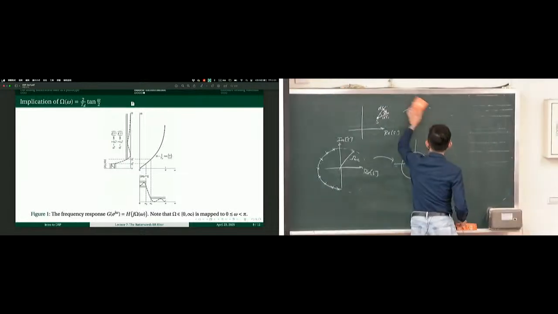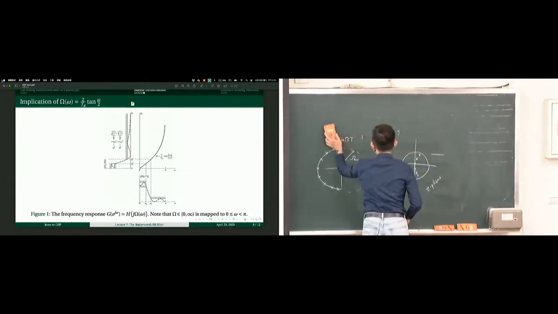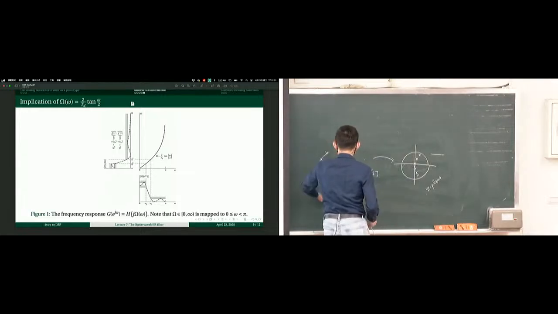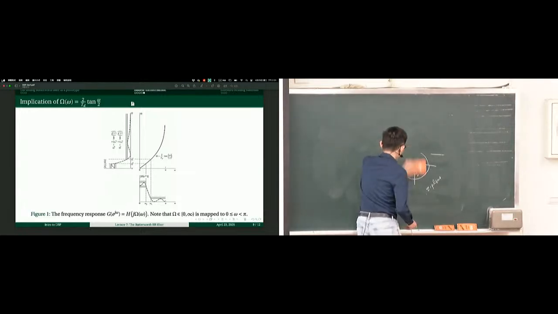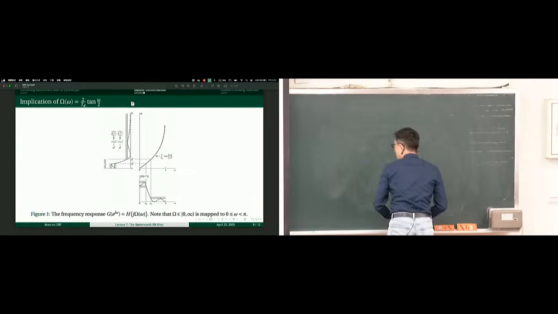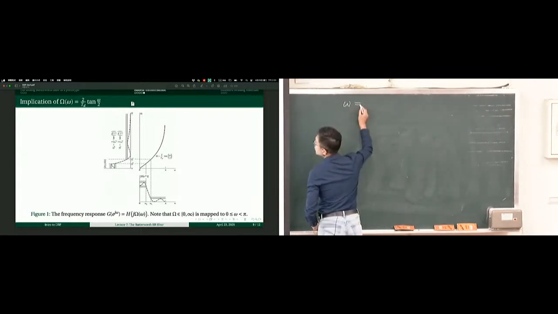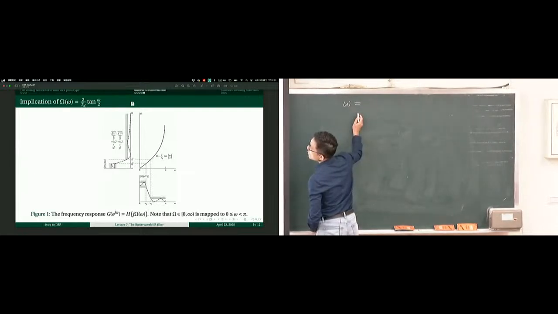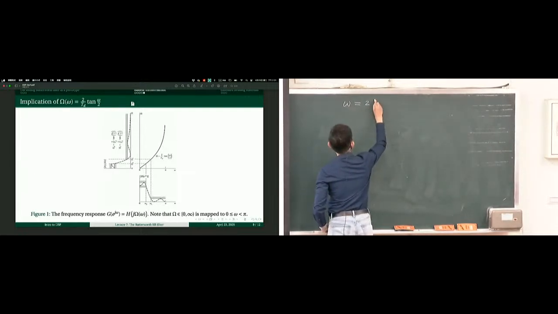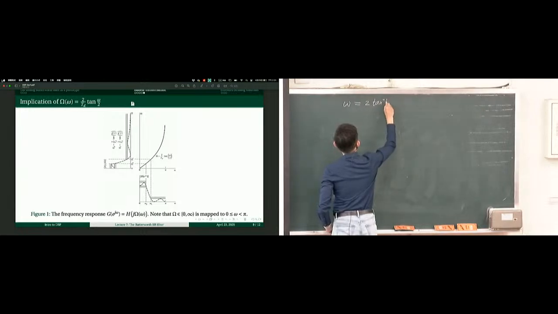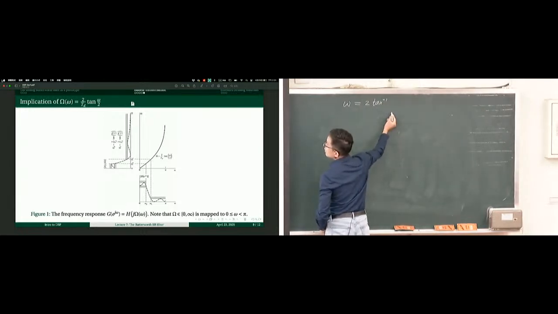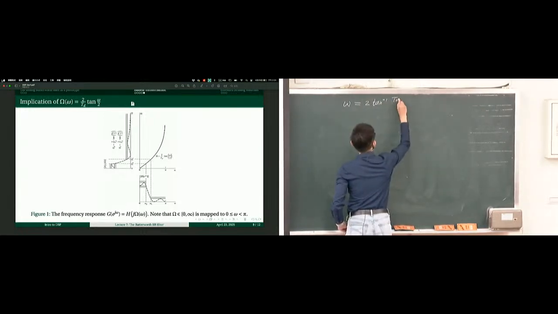Using arctangent basically compresses the entire real line to a finite interval. Small omega is 2 times arctangent of T_d divided by 2 omega, big omega.